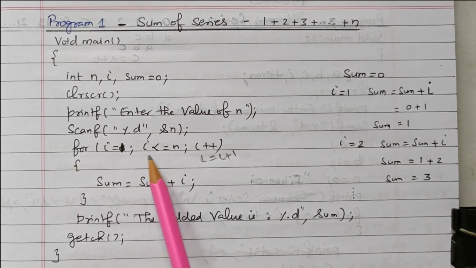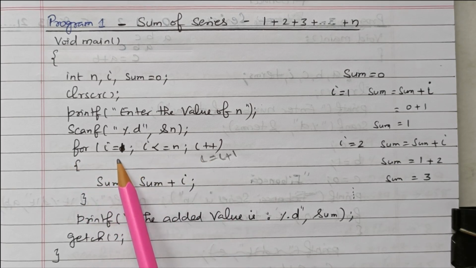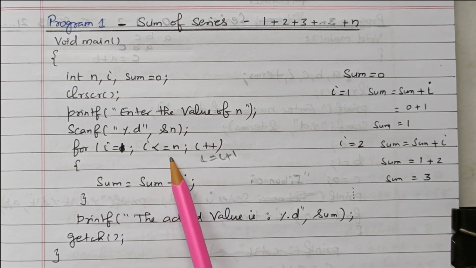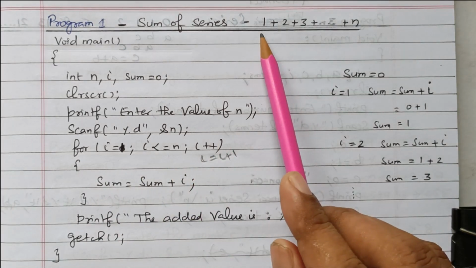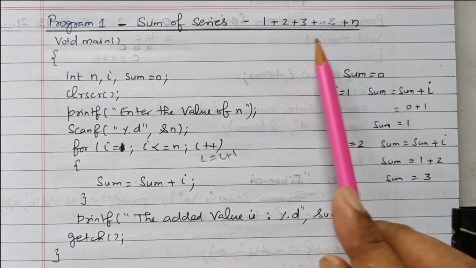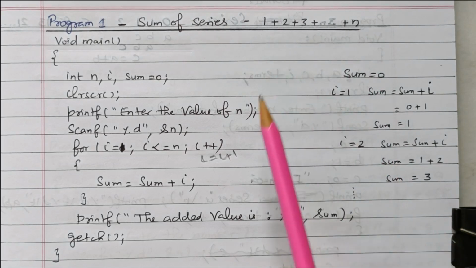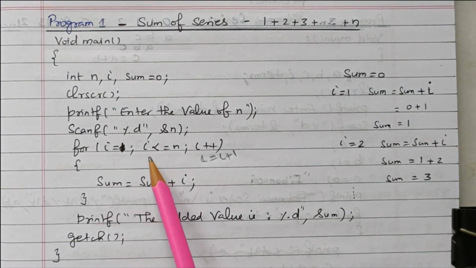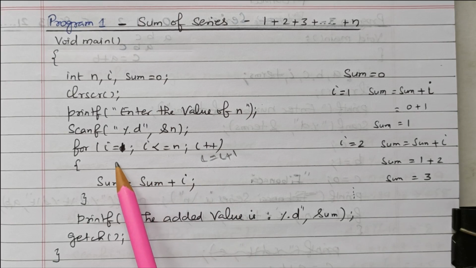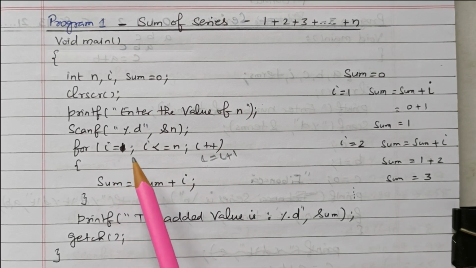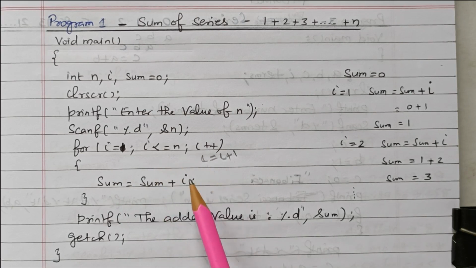So we open the for loop: for i equal to 1, i less than or equal to n, i plus plus. 1 is the initial value, n is the maximum value, incremented by 1 by 1. So this for loop will create the numbers starting from 1, 2, 3 up to n.